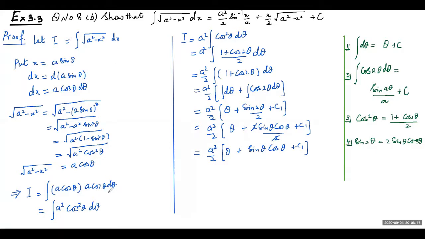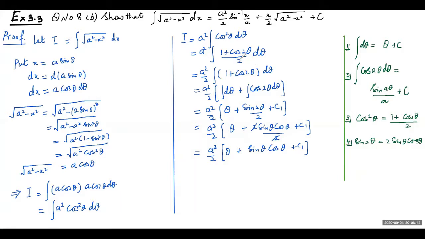Just put in these substitutions and now open up the bracket. You will get a square and cos square theta. Take this a square outside. Inside the integral you will have cos square theta d theta, and a square remains outside. In place of cos square theta, we use this result, 1 plus cos 2 theta divided by 2.